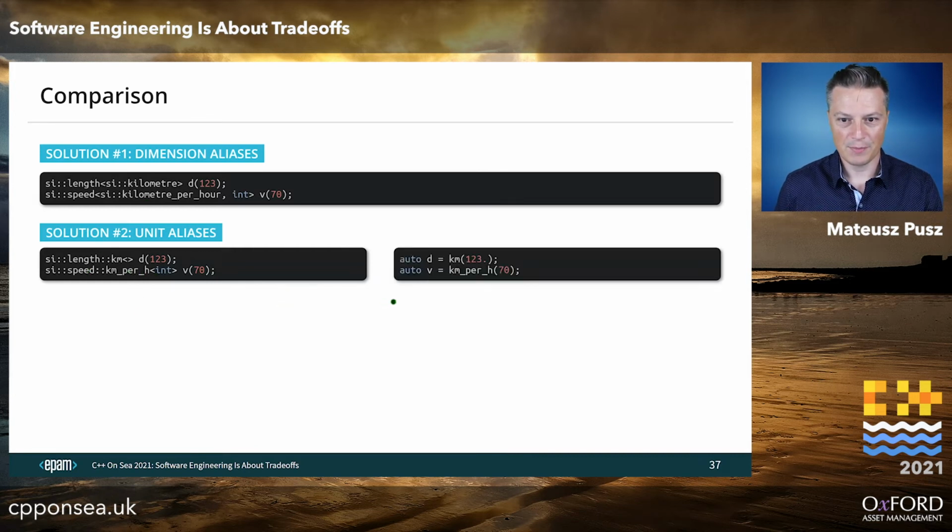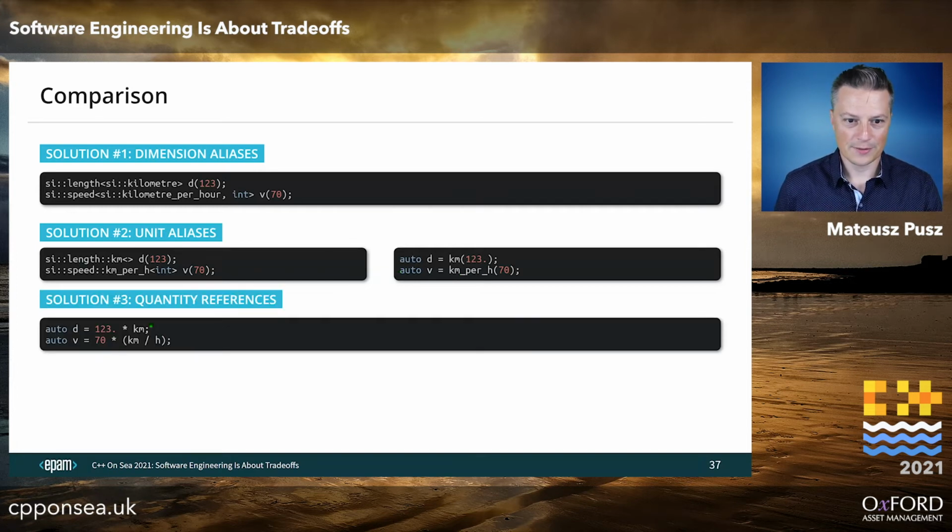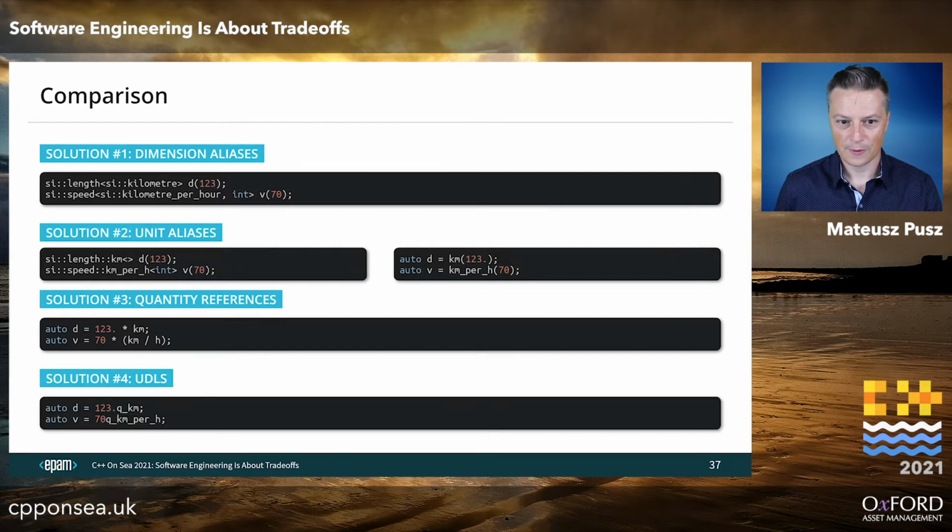Shorter, and being able to provide different verbosity if needed. Quantity references. Really nice to work with. We know it from Boost already and other libraries, but also had some issues. And user-defined literals. Something we know from the standard library.